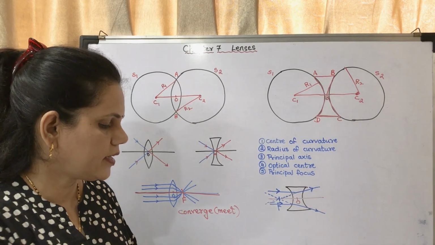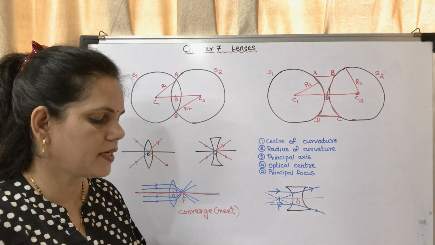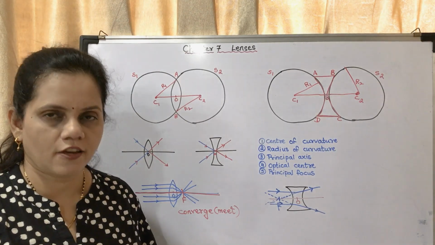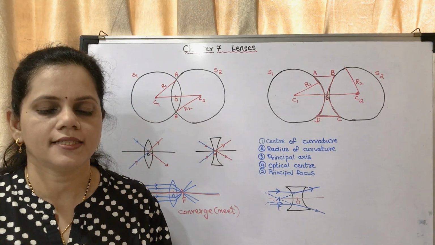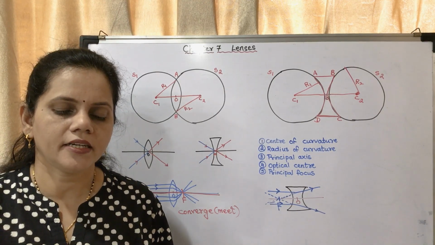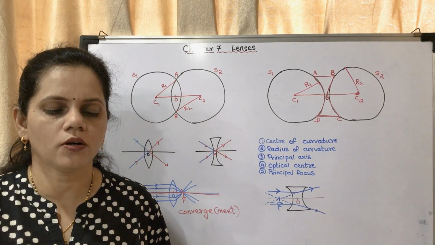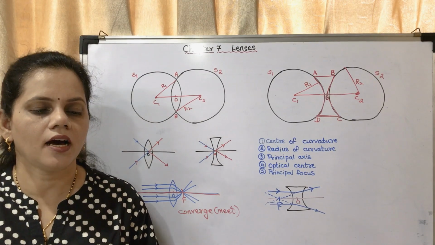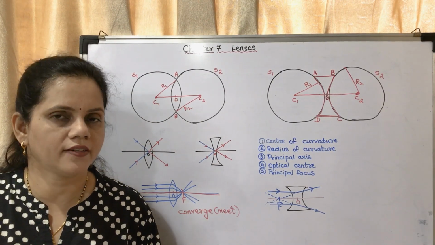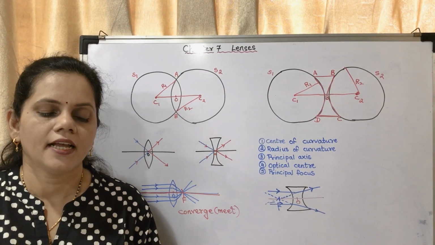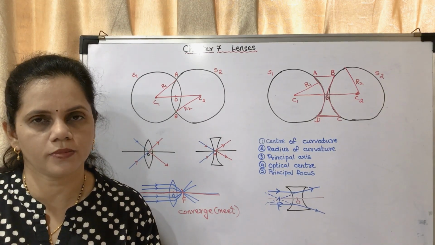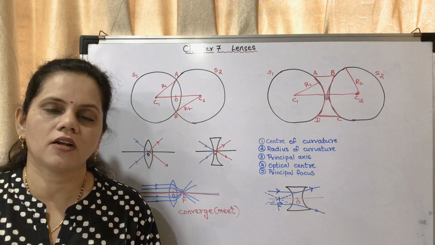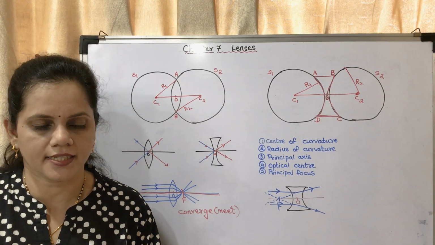So how will you define? You may see on page number 81 the definitions have been given. You have to write the definitions according to the textbook. Center of curvature: the centers of the spheres whose parts form the surfaces of lenses are called the centers of curvature of lenses. Radius of curvature: the radii of the spheres whose parts form the surfaces of the lenses are called the radii of curvature of the lenses.